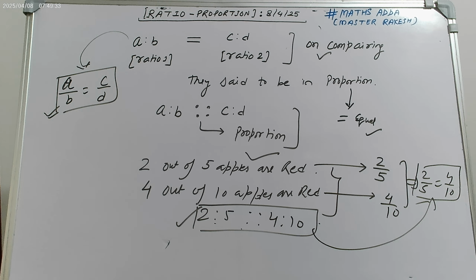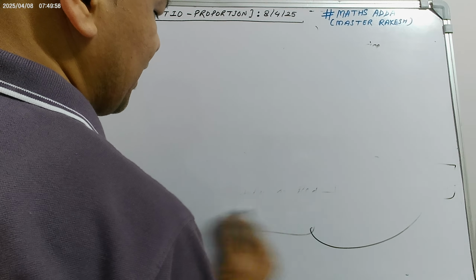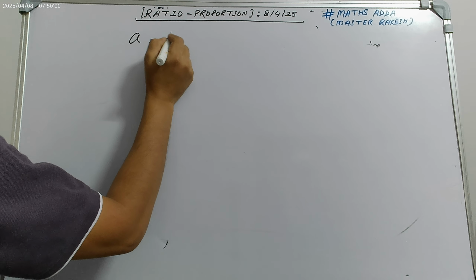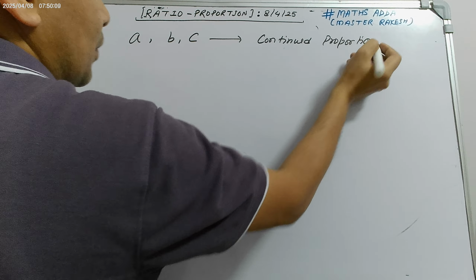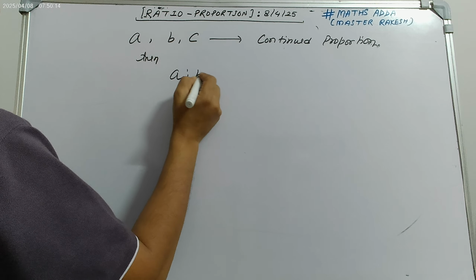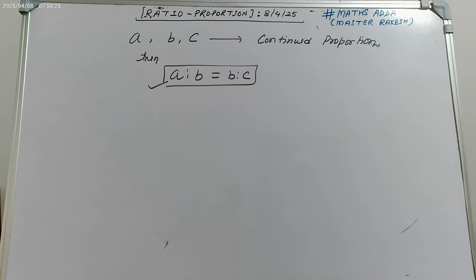The symbol of proportion is four dots. Now suppose there are three numbers A, B, C in continued proportion. Then A is to B equals B is to C. So remember, A, B, C are said to be in continued proportion if A is to B equals B is to C. This is the rule.